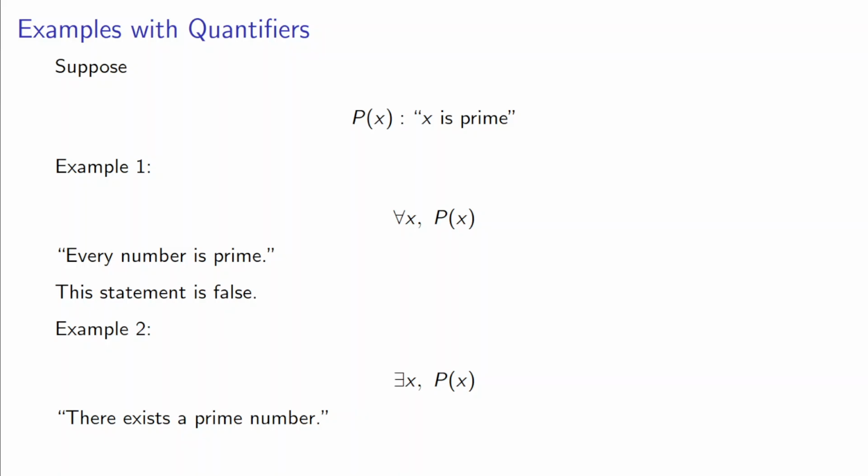Another example would be: there exists an x such that P of x. So there exists a prime number. This one is true. Of course, we know that there exist some prime numbers. So you can see how we can turn a predicate into a statement without having to plug a number in, by including a quantifier.